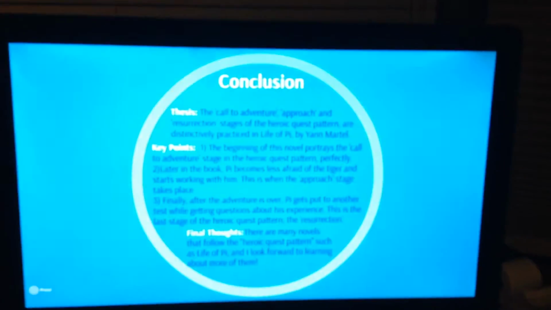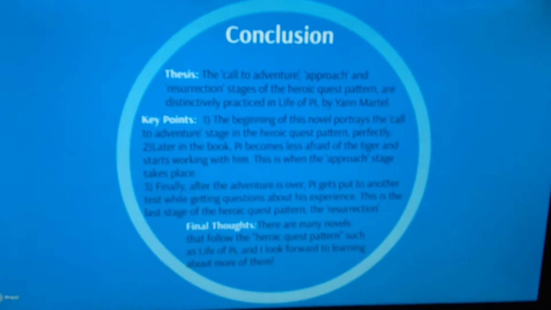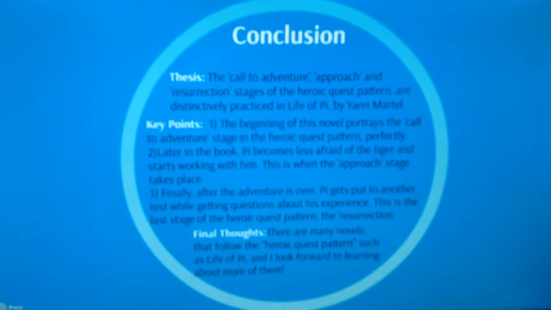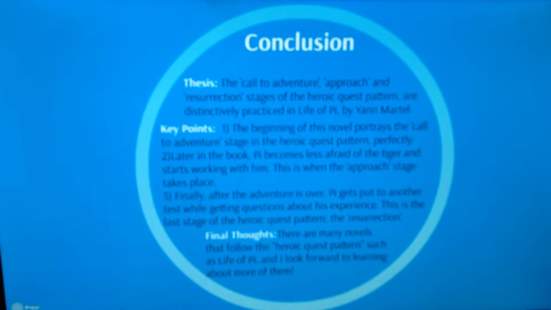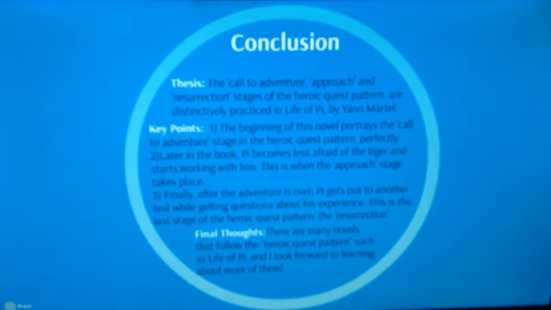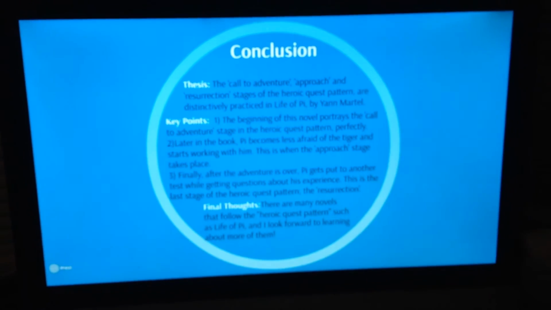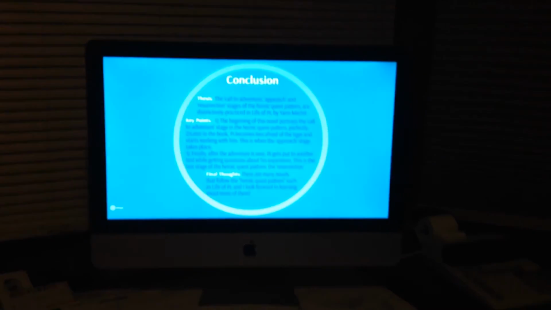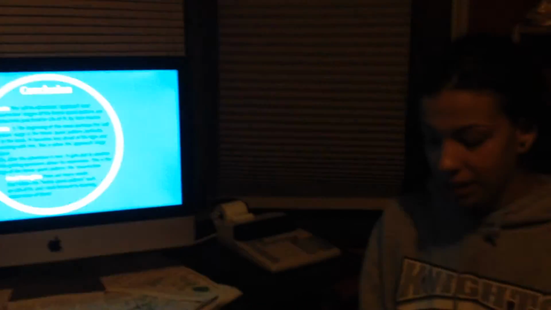The call to adventure, approach, and resurrection stages of the heroic quest pattern are distinctively practiced in The Life of Pi by Yann Martel. The beginning of this novel portrays the call to adventure stage and the heroic quest pattern perfectly. Later in the book, Pi becomes less afraid of the tiger and starts working with him.